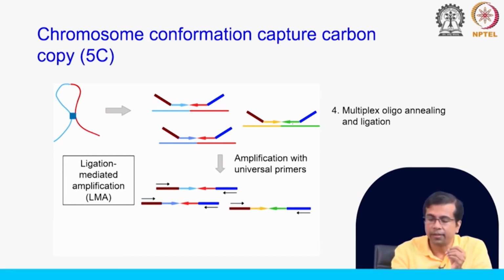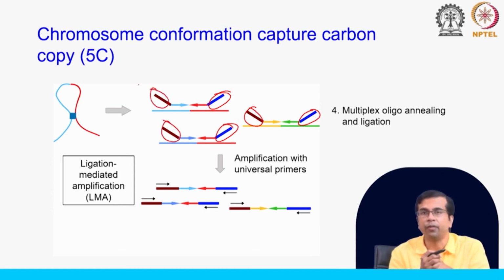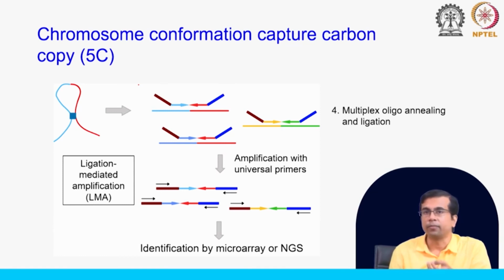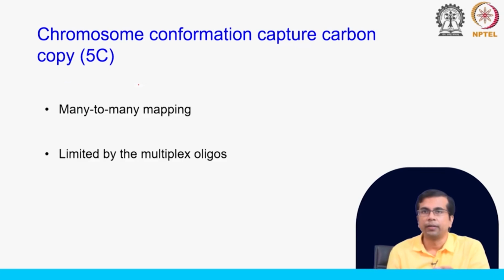What you see is that even though they contain these multiple oligos, these N regions are identical for each of them. These are the regions we can use for universal primers, primers that will bind to all of these combinations, and then we get these amplifications, which we can then sequence by next generation sequencing, or we can identify by microarray.